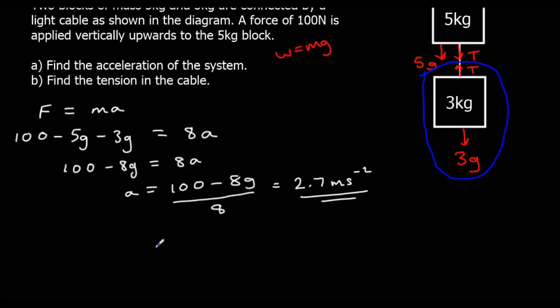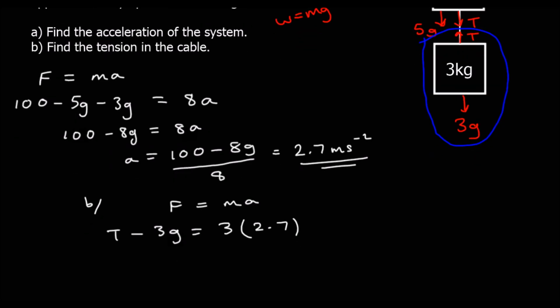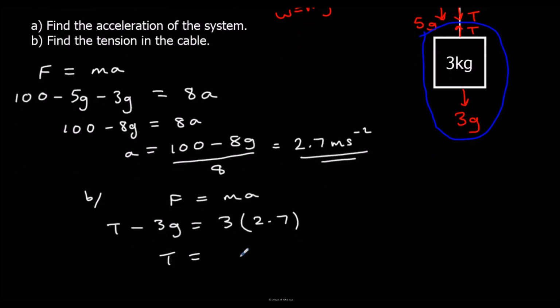So F equals ma for part B. The force going up is T, take away the forces going down, 3g, equals ma, which is 3 times 2.7. So that means T equals 3 times 2.7 plus 3g.